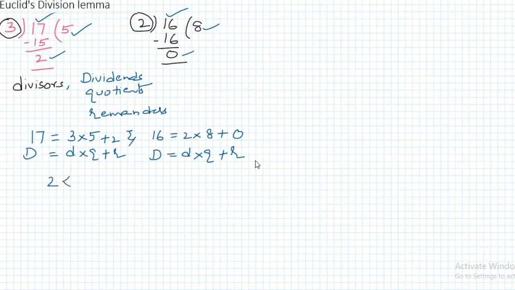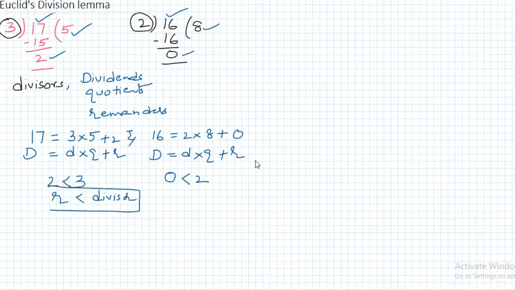And in the second case, remainder is equal to 0, which is also less than divisor 2. So by this we can understand that remainder is always less than divisor.